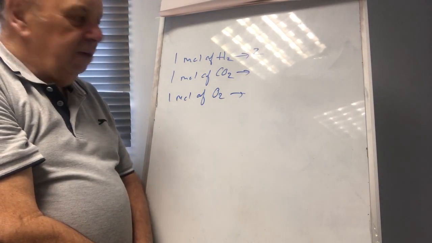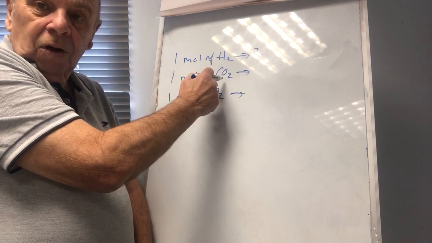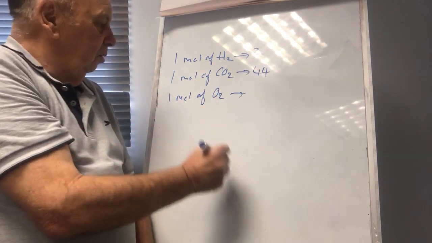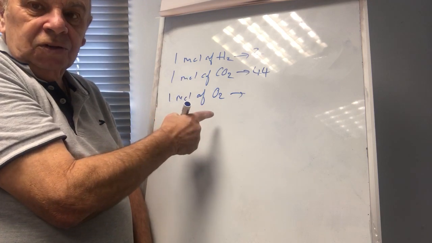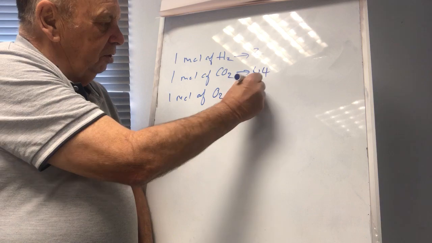The relative molecular mass of carbon dioxide is C, 12 plus O times 2 is 44. And 1 mole of oxygen gas, its relative molecular mass is 32.